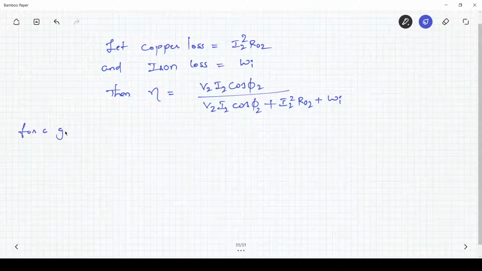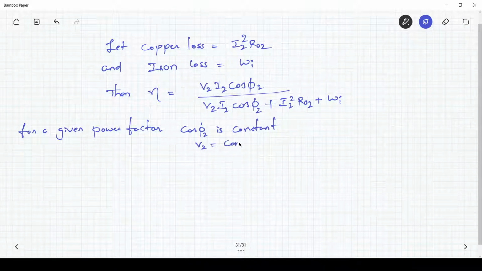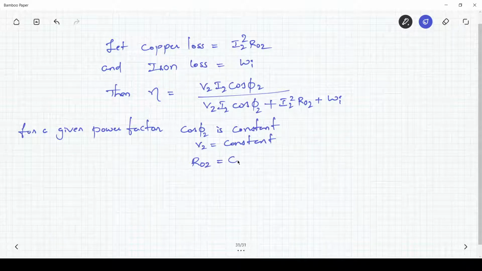For a given power factor, cos phi 2 is constant, V2 is constant, and R02 is also constant. So the only variable quantity in this equation is I2.